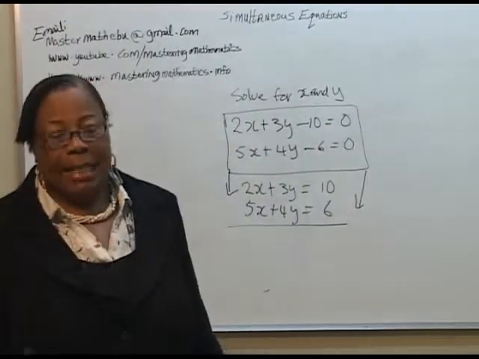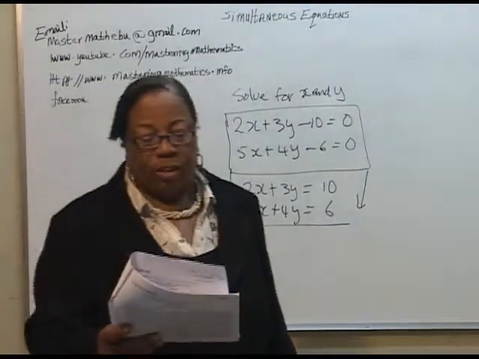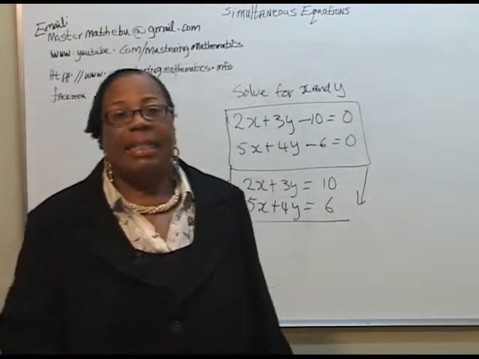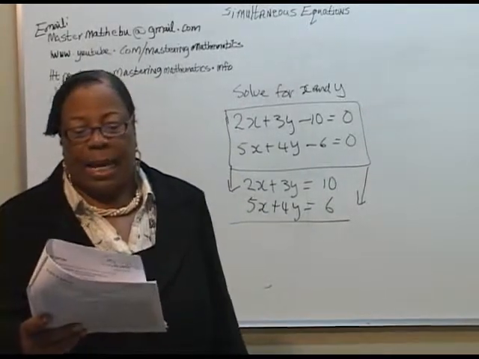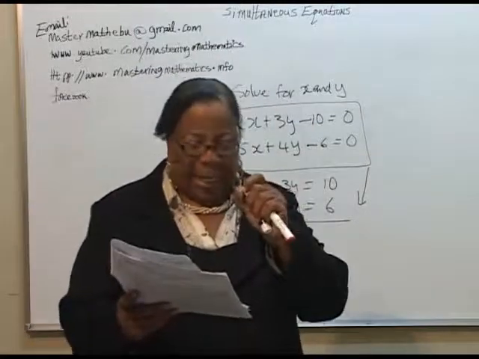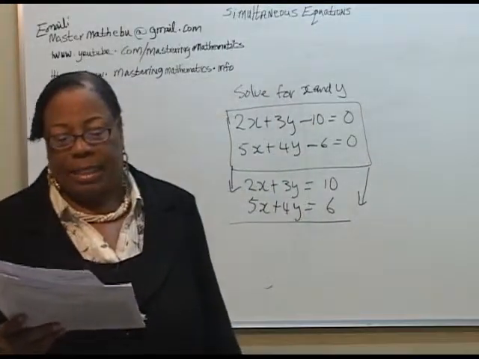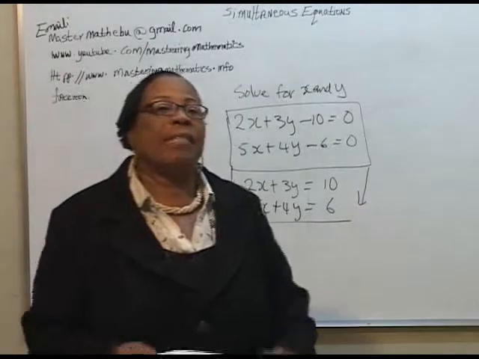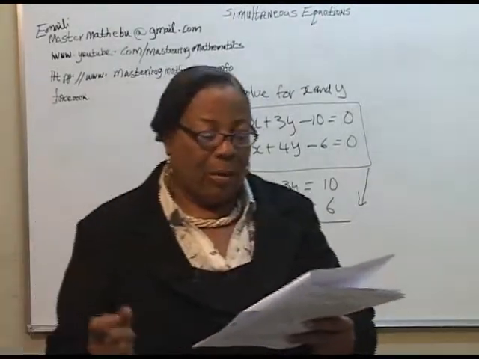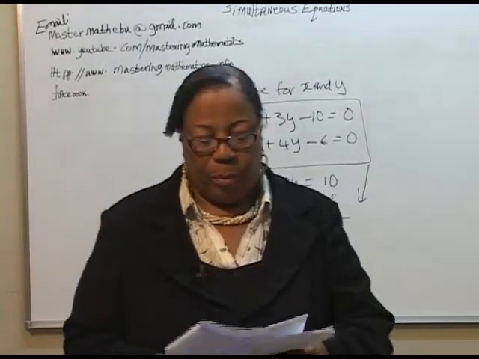A stadium has two sections, A and B. Tickets for section A cost little a dollars each. Tickets for section B cost little b dollars each.